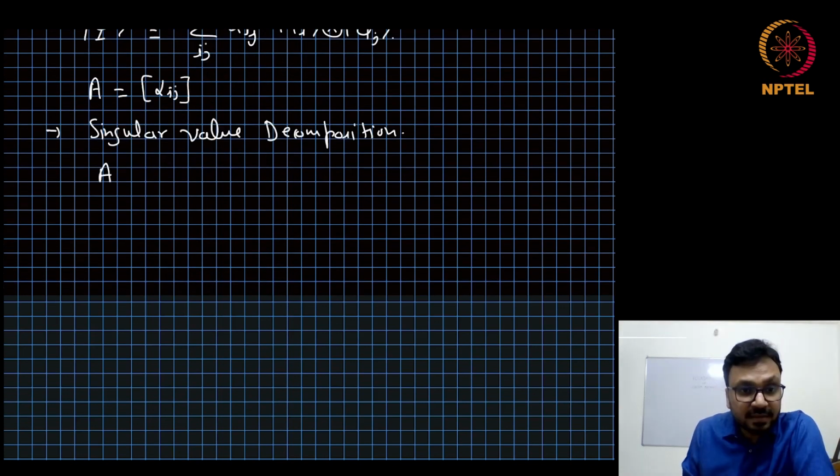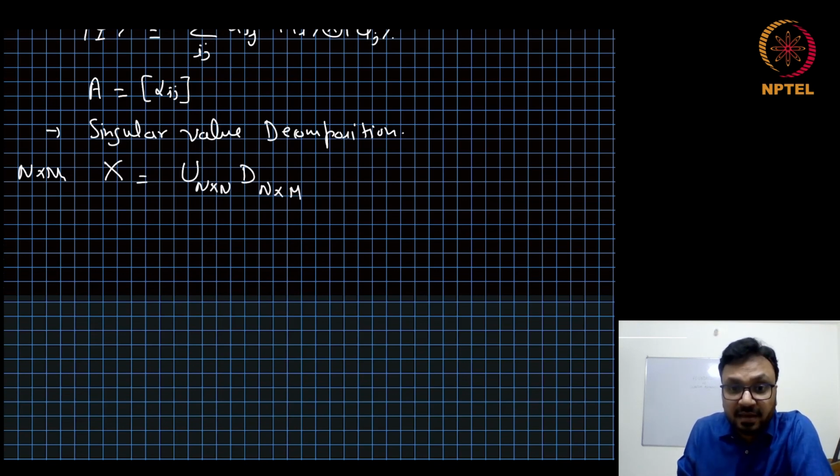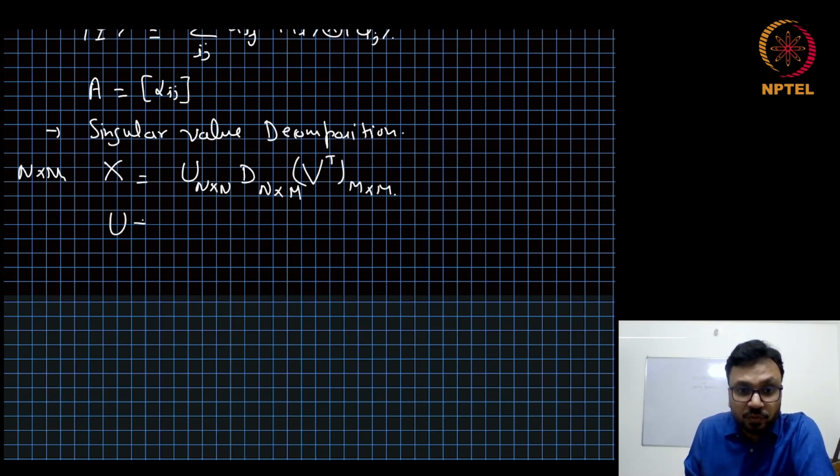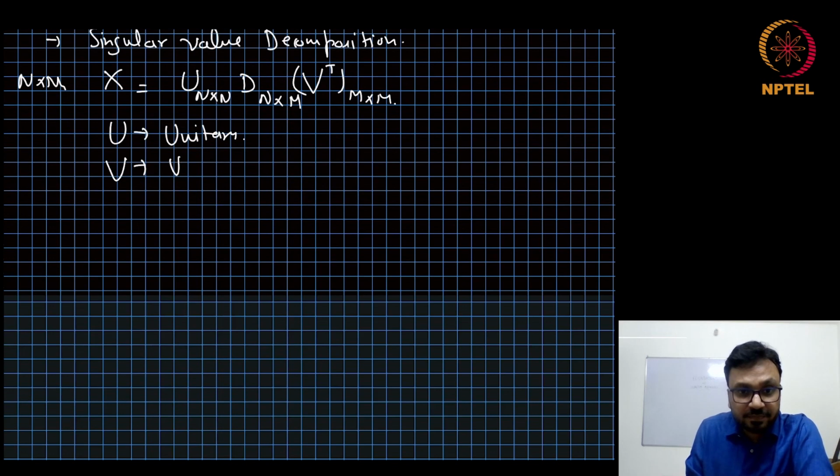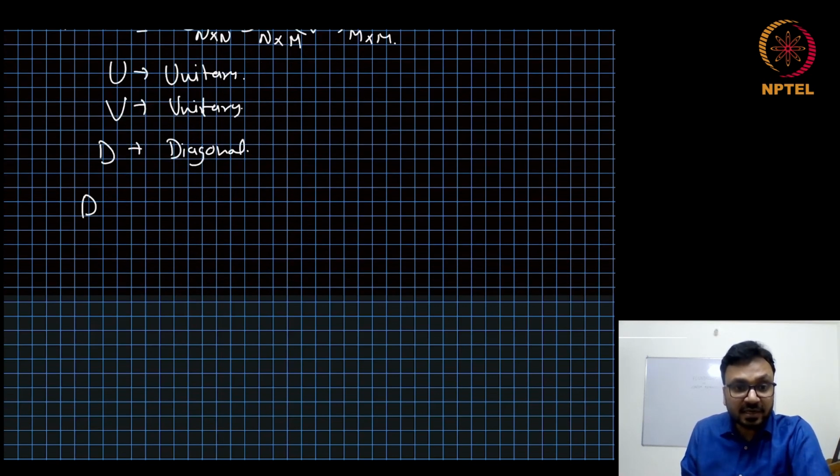It states that an arbitrary matrix X of dimension n by m can be written as U, which is an n by n unitary, D, which is an n by m generalized diagonal matrix, and V transpose, which is m by m, another unitary. So U is unitary, V is unitary. If V is unitary, V transpose is also unitary, and D is a diagonal matrix. But D is a rectangular matrix.